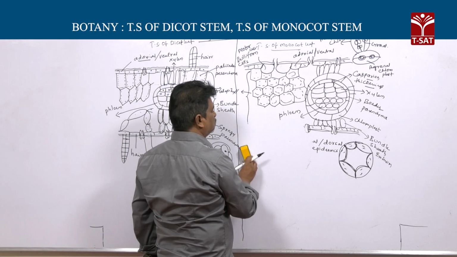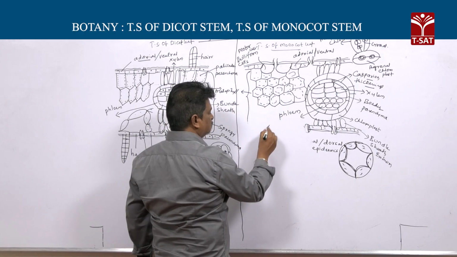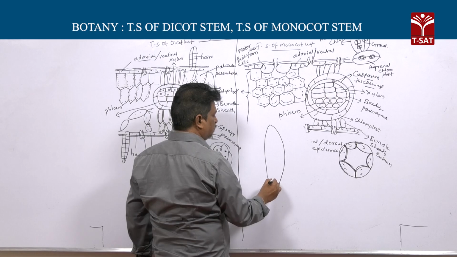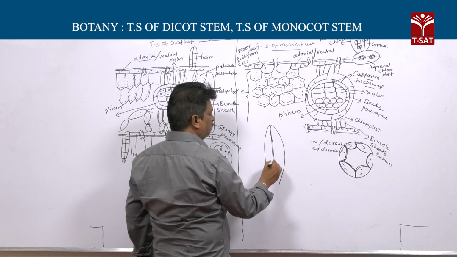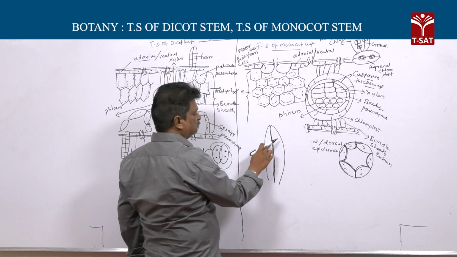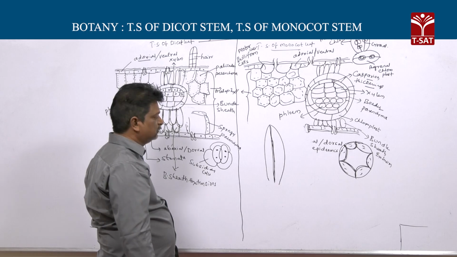And one more point about Cycas. Actually, Cycas is a gymnosperm. It shows xerophytic adaptations. The point is, in Cycas leaflet, there is only a midrib and lateral veins are absent.